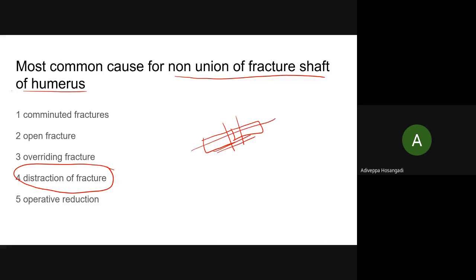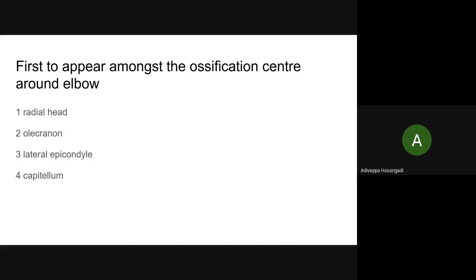So there should be compression at the fracture site for union. Comminuted fracture is not the commonest cause for non-union, nor is open humerus. It is distraction of the fracture. If you are not compressing the fracture, it is the most common reason for non-union of the humerus.